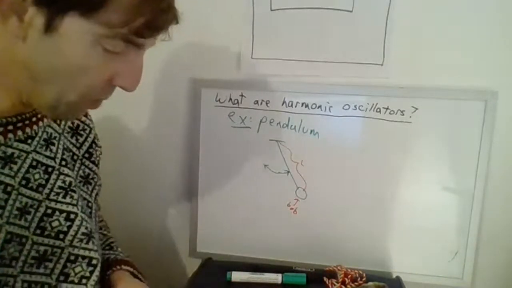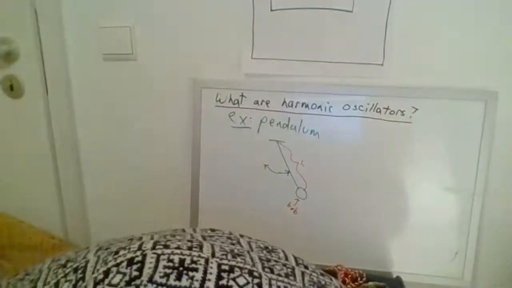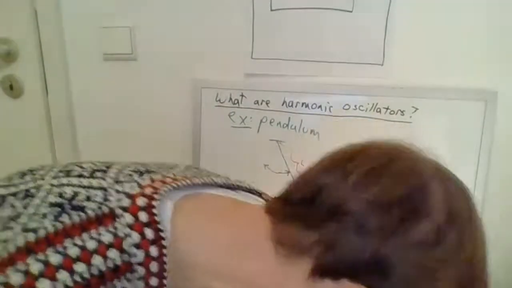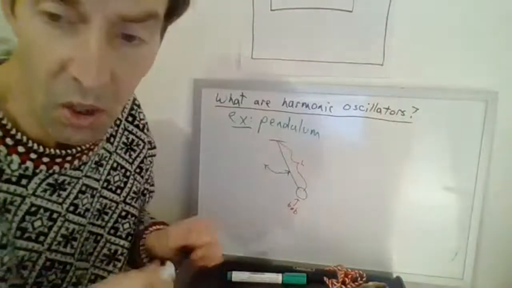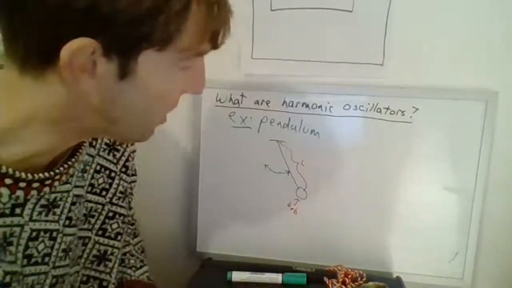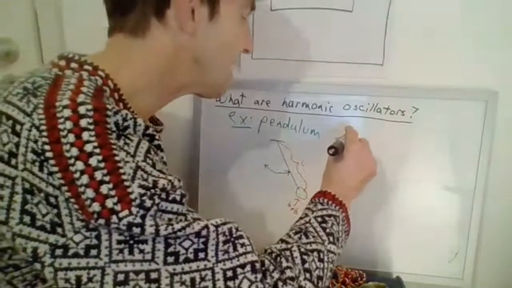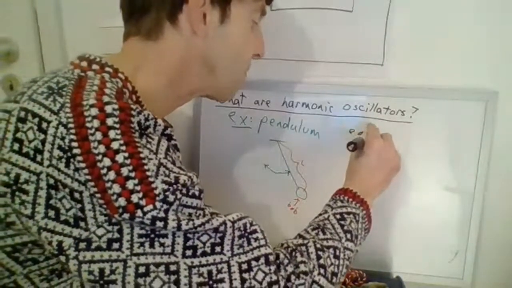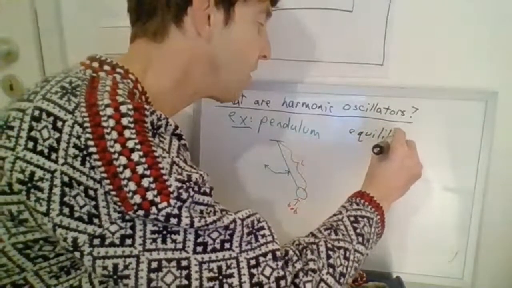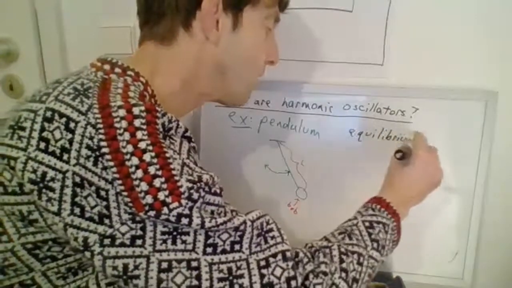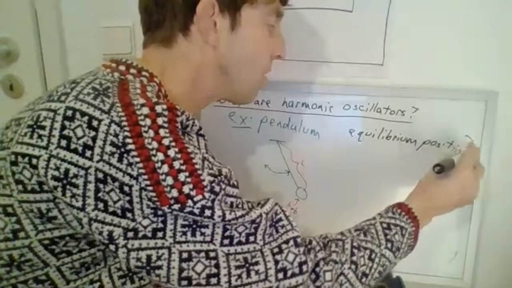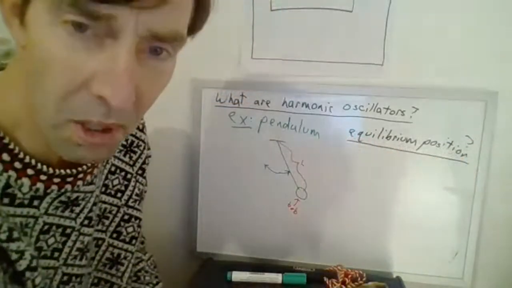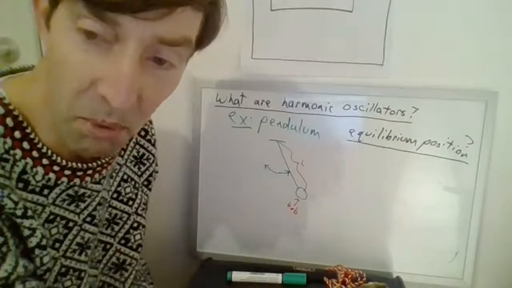What we really got to get before I get out of here with you is we need to understand, for a harmonic oscillator, including the pendulum, where's the equilibrium position? Where do you suppose we say it's at equilibrium?